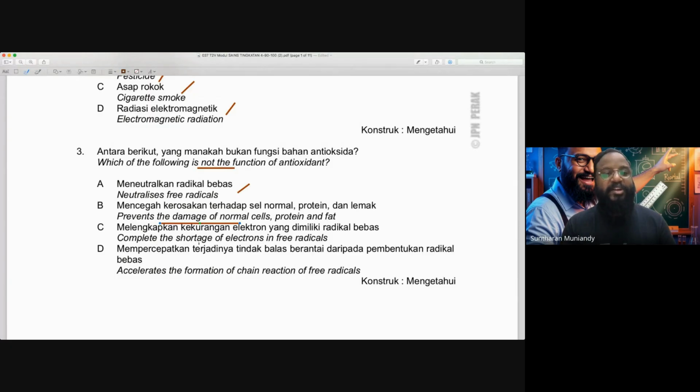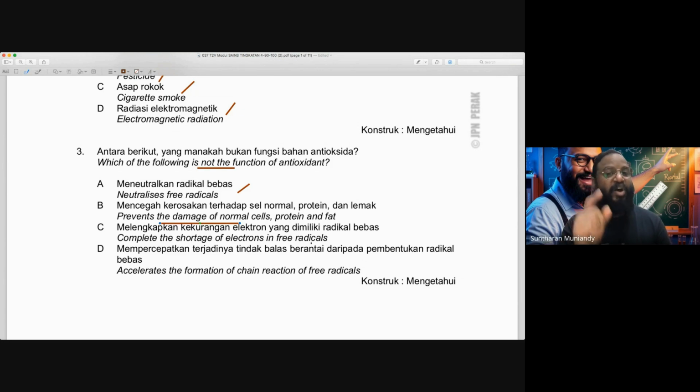It completes the shortage of electrons in free radicals. Yes, free radicals are basically components that have a shortage of electrons. That is why it becomes radical. So it completes the shortage of electrons in free radicals, melengkapkan kekurangan elektron yang dimiliki oleh radikal bebas. Itu adalah fungsi antioksidan. Accelerates the formation of chain reaction of free radicals.